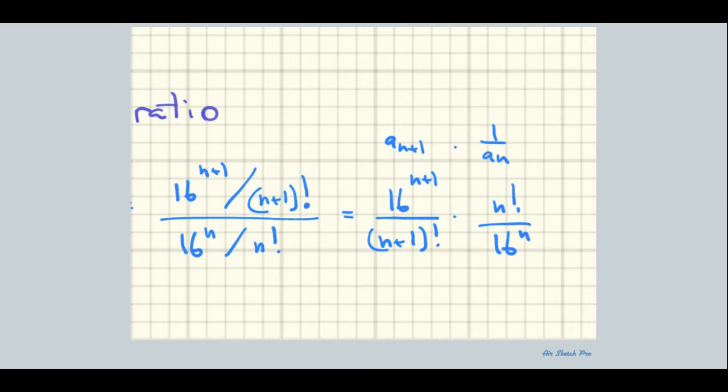Once you're in this form, nice things happen. What's 16 to the n plus 1 over 16 to the n? Can people see that?